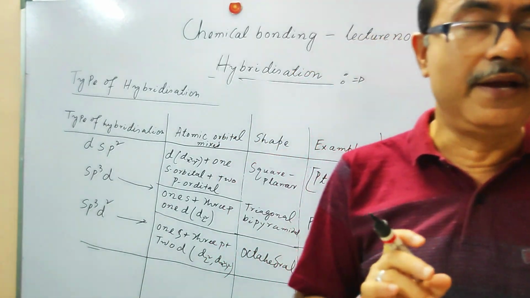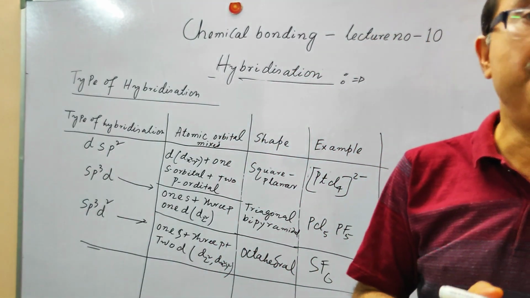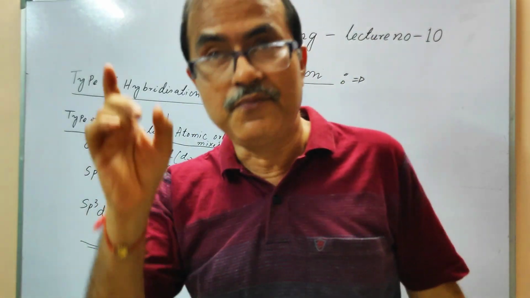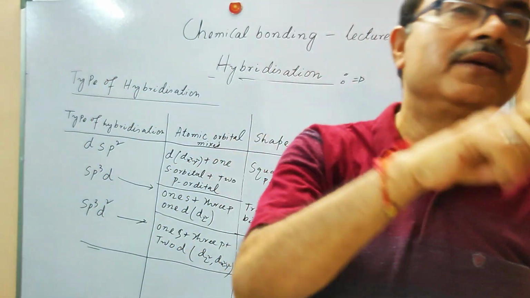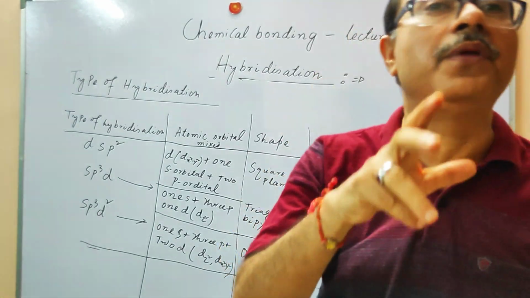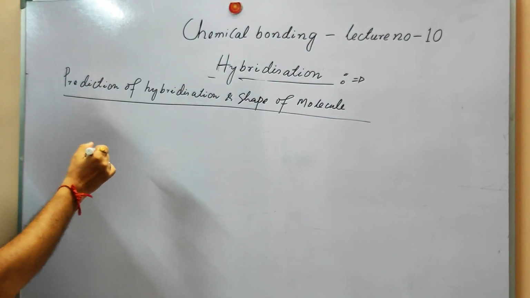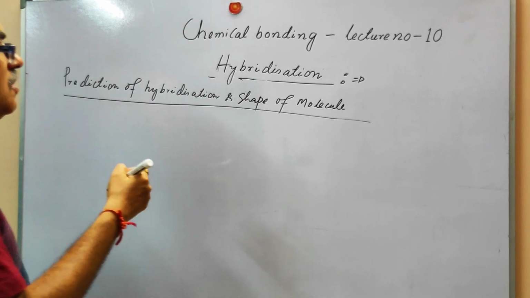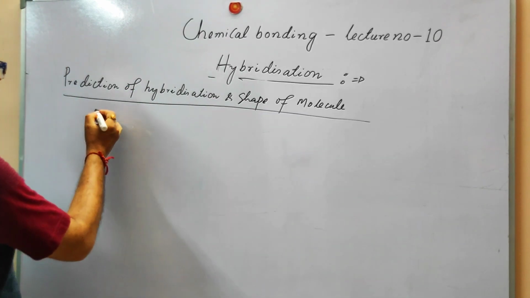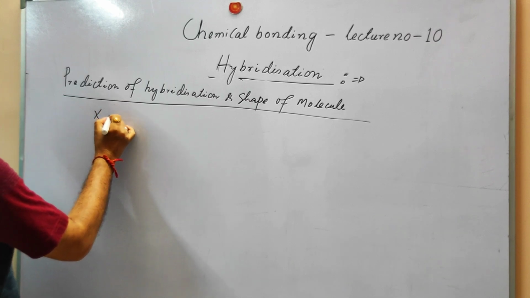Now we are going to understand how we predict the hybridization of a central atom, and from this we will understand the shape of the molecule. We are going to understand the prediction of hybridization and shape of the molecule. That can be understood by this formula.